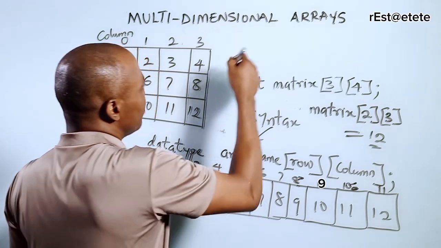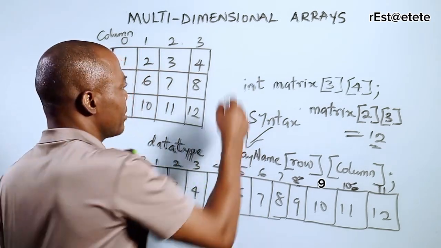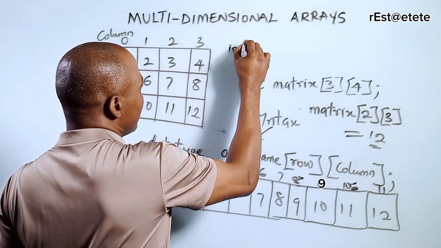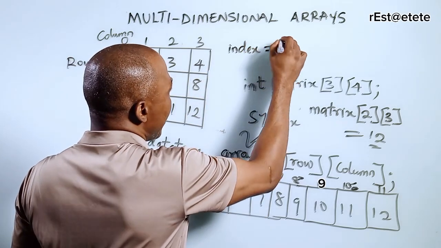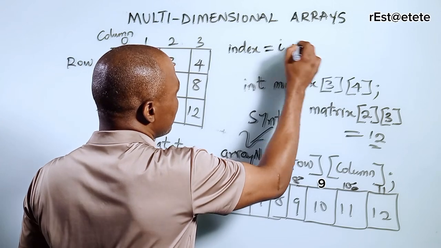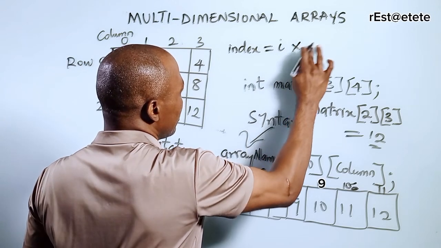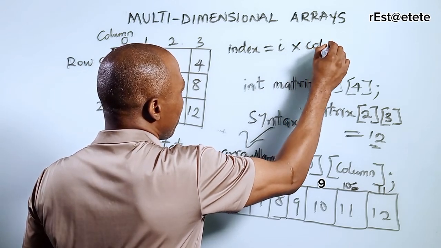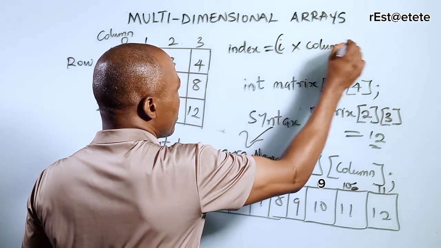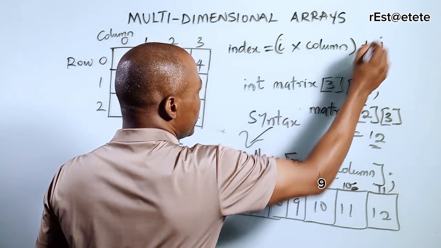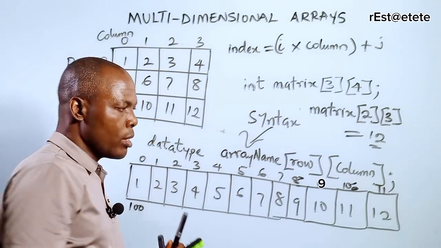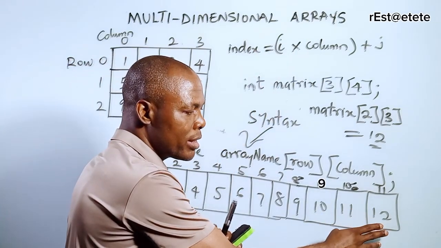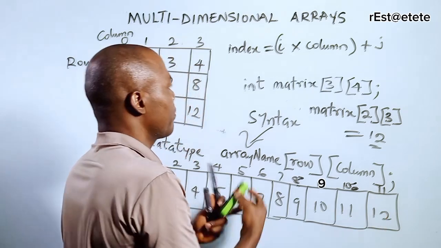So the formula to achieve that is flattening index. So I'll write index, and then I will say I times column plus j. This is the formula we use to get the index.